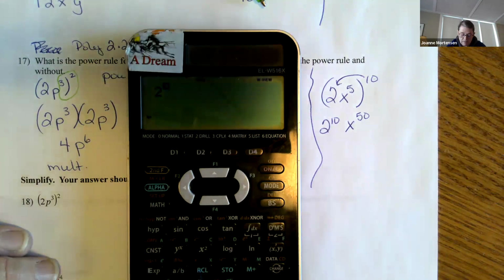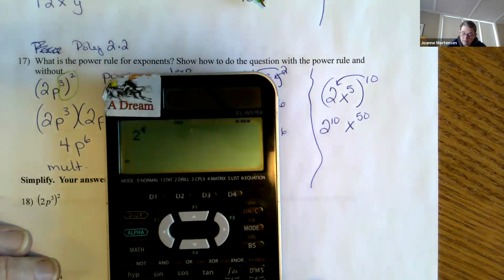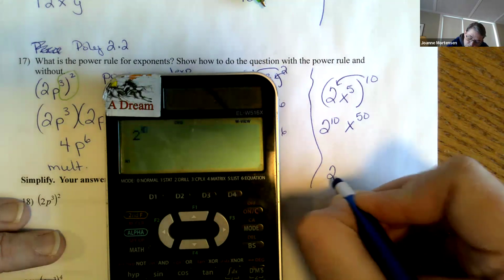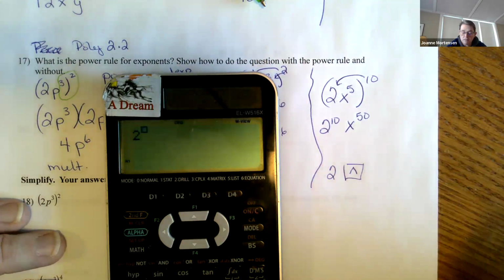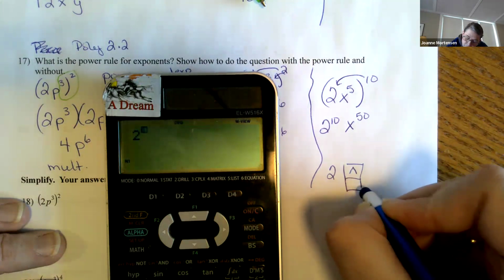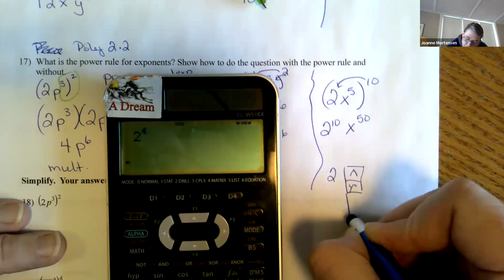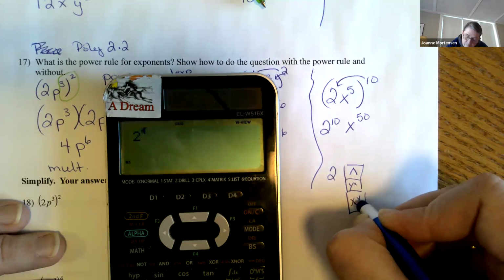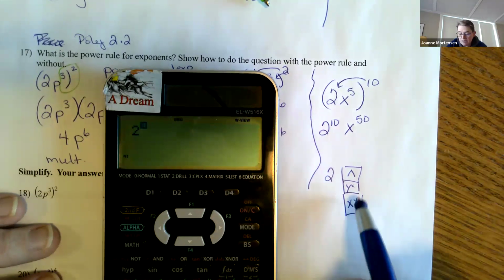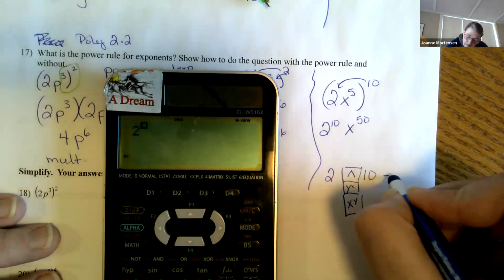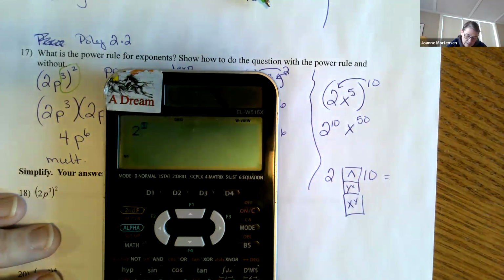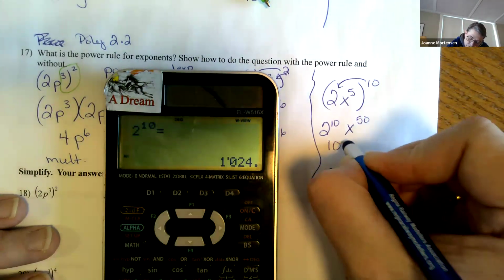The lighting's not great. It's right there. On most calculators, it's a caret button. The caret is the one that looks like a little teepee. Depending on the calculator, sometimes it's x to the y, sometimes it's y to the x. And we put 10 in there, and bada boom, bada bing, it's 1024.